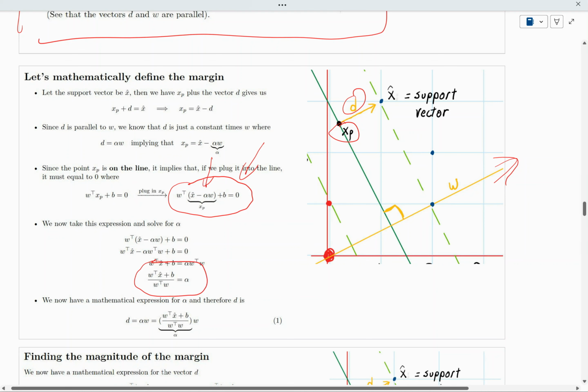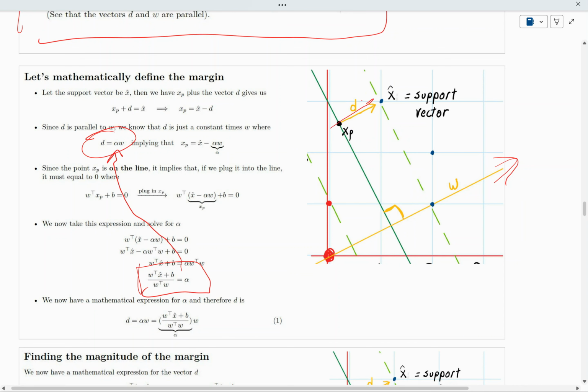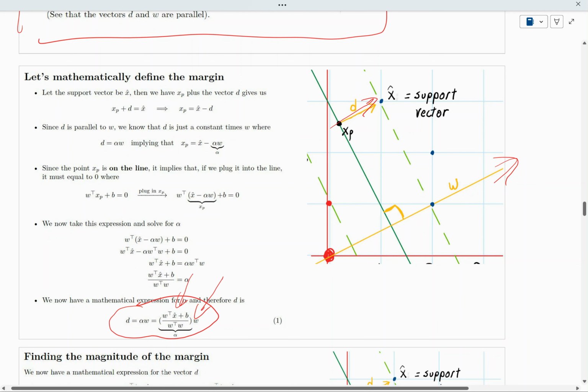Once we solve for alpha, we have an expression for alpha, and we can plug alpha back here. So this now gives us the term d. Now we know what this vector is, where d is equal to alpha times w.